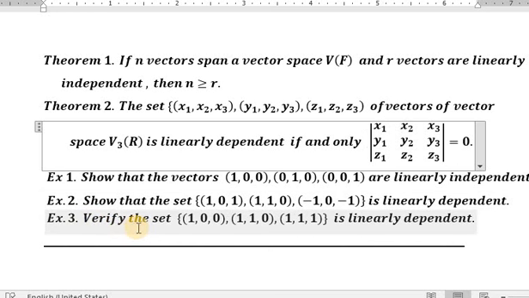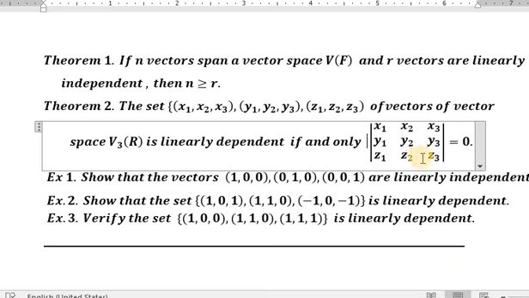And the third one, verify the set (1, 0, 0), (1, 1, 0), (1, 1) is linearly dependent. So these three problems we are working based on Theorem 2.